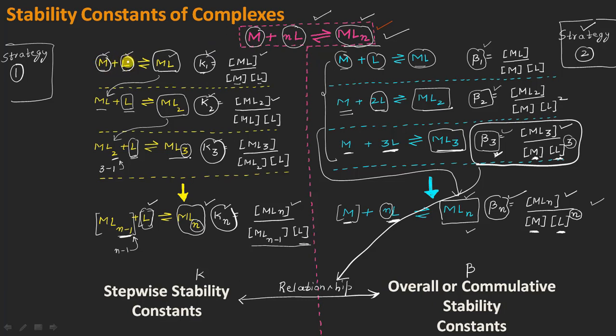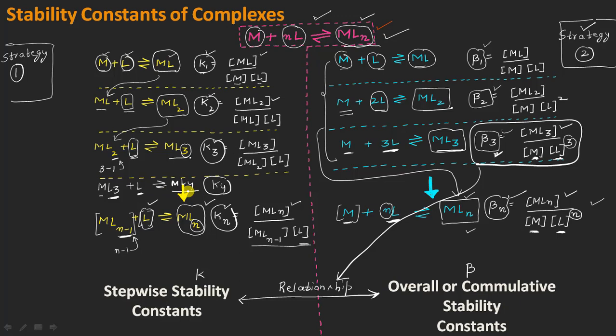And what will K4 be here? Of course, K4 will be for ML3 plus one ligand giving ML4. This means whatever stepwise stability constant K4 is, it is for the metal ion having 3 ligands with itself plus the addition of one ligand giving ML4, right?